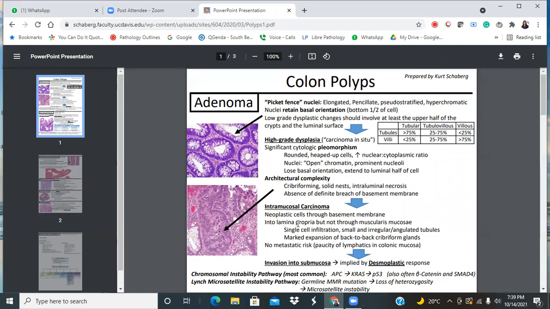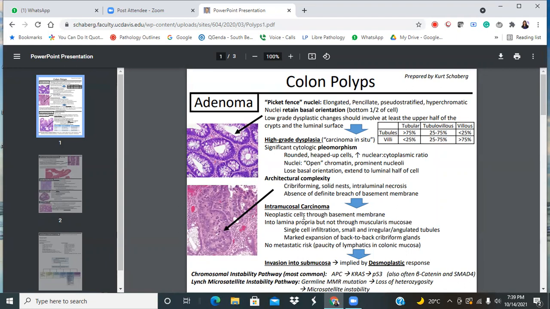Intramucosal carcinoma. So, high-grade dysplasia, we read this much: architectural complexity, cribriforming, solid nests, intraluminal necrosis, absence of definitive breach of basement membrane. Okay. If there is a breach, then you go for intramucosal carcinoma.